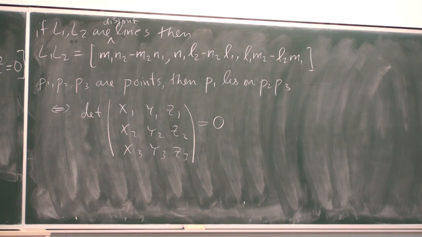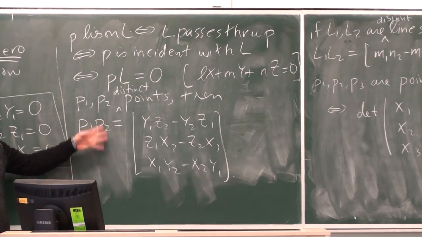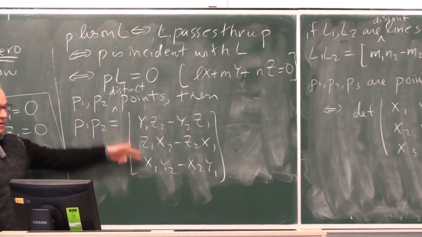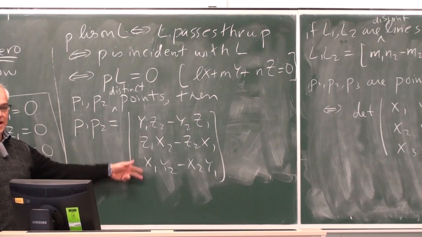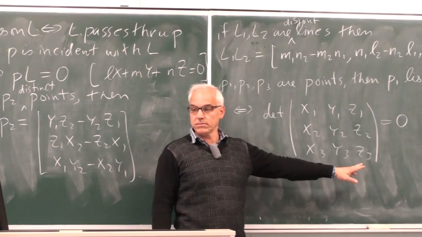And why is that? Well, because if we ask when P3 lies on this thing, P3 will lie on this when the dot product of P3 with this is 0. And that's exactly how we evaluate this determinant if we're expanding along the bottom row.